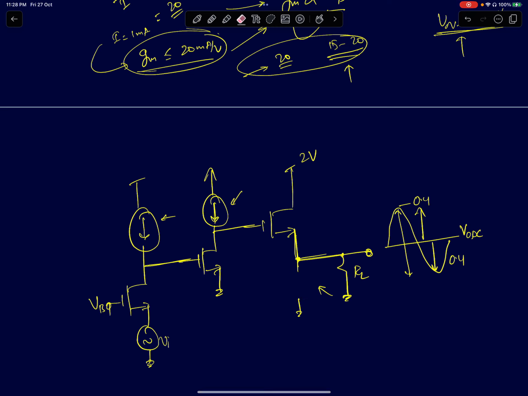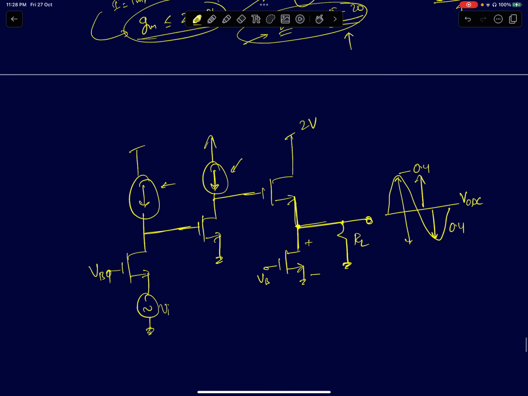The next step we have to decide in this circuit is the overdrive voltages that I'm going to design it for. When you design a MOSFET, whatever be the bias current that you're going to choose, the VGS of the MOSFET is equal to VT of the NMOS plus the overdrive voltage. Now let's assume that we are biasing them in strong inversion. So I'll assume that overdrive should be at least 200 millivolts.